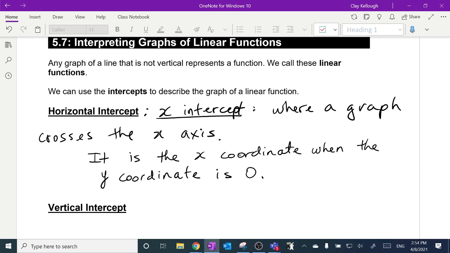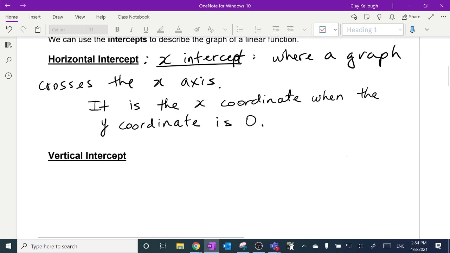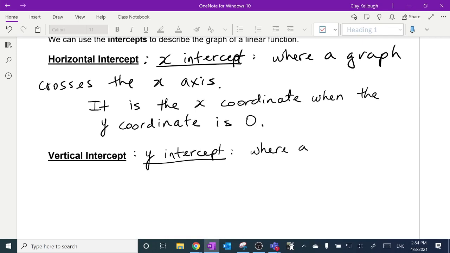So you could probably do the other definition yourself. It's basically the opposite. The vertical intercept is what we would call the y-intercept. And it is where a graph crosses the y-axis.